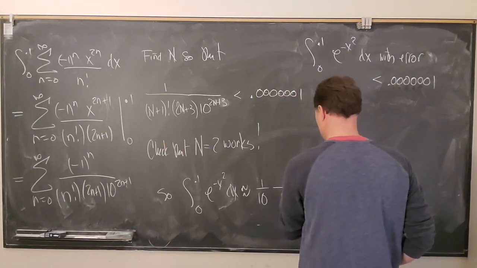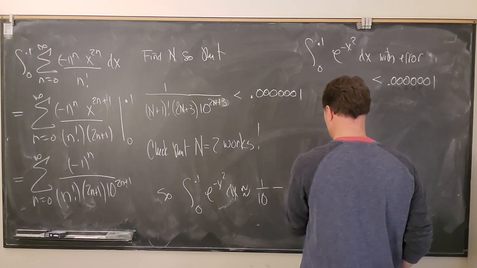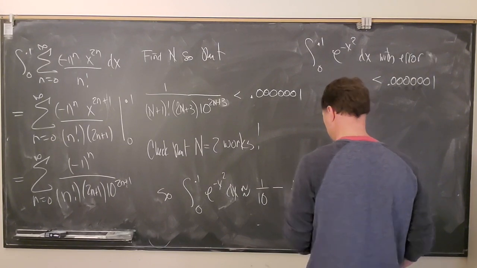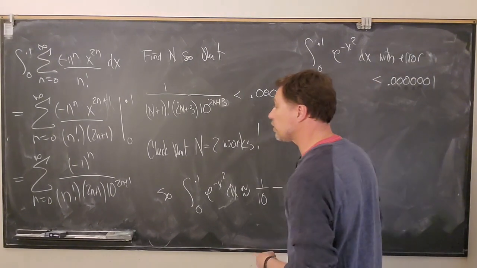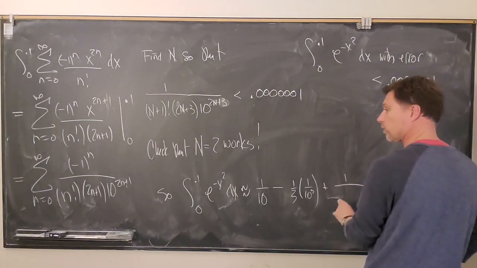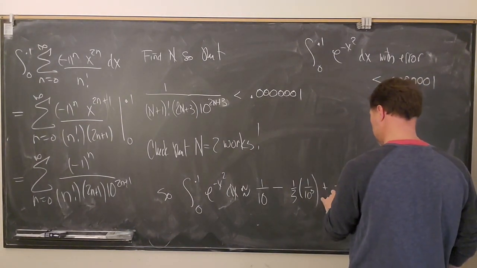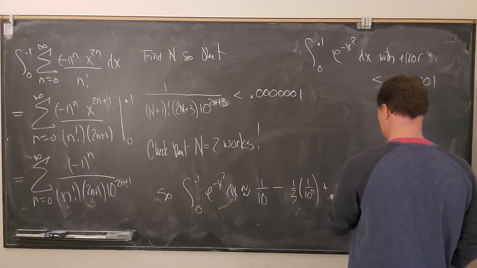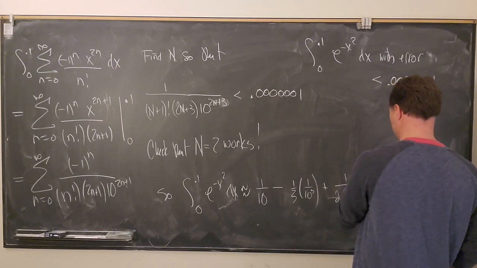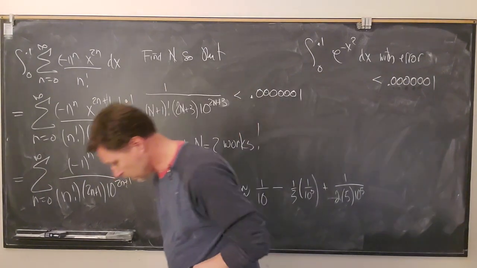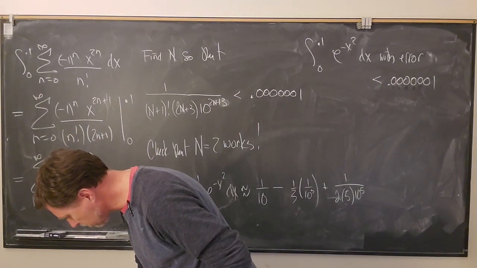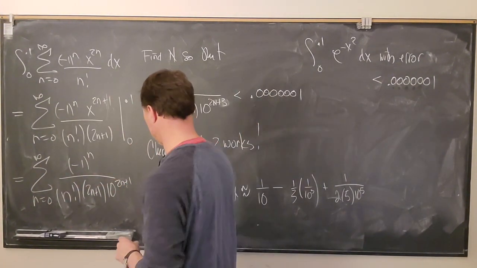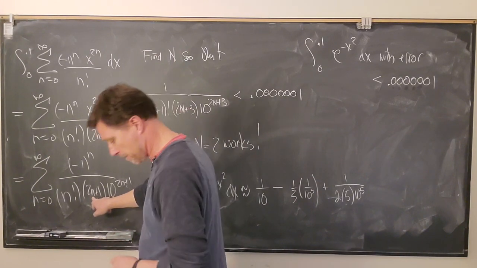Yeah, so 1/3 times 1/10 cubed. Plus, when n equals 2, we'll get 1 over 2 factorial, so that's a 2. And then a 5, and then a 10 to the 5th. Did I get that right? When n equals 2. Yeah.